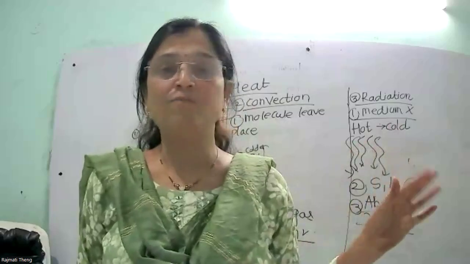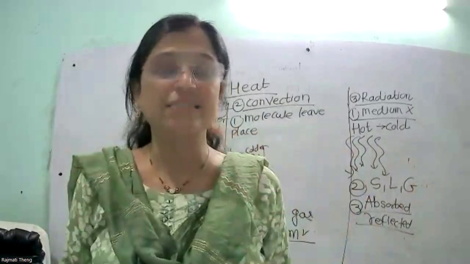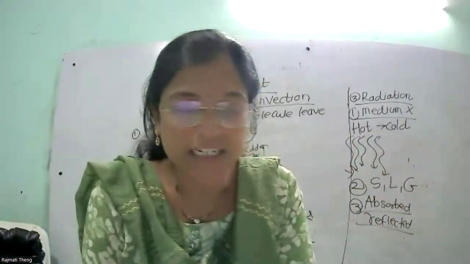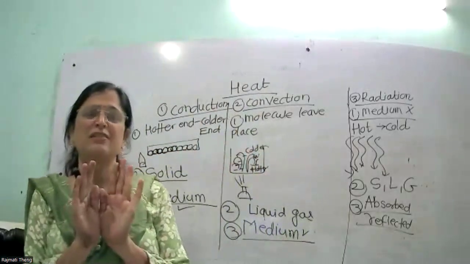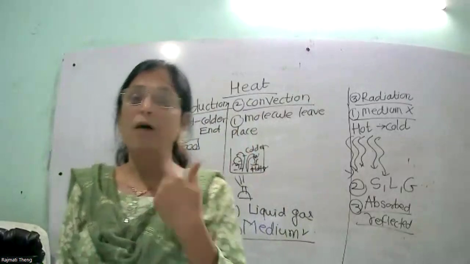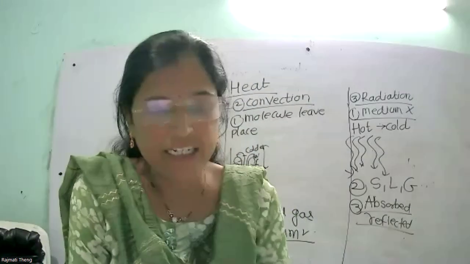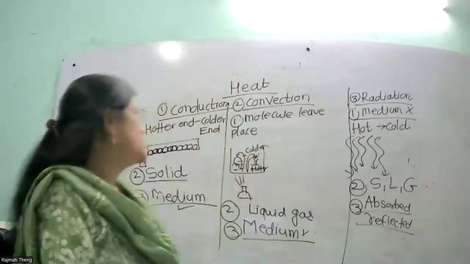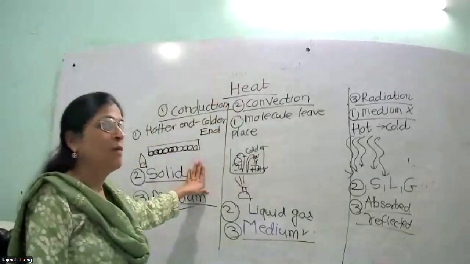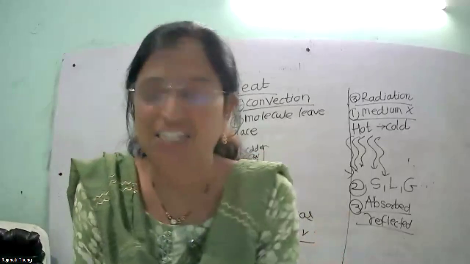Any warm object, when you keep your hand near it, you realize the heat because of radiation. Fire, even from a long distance we realize the heat because of radiation. So heat energy is transferred by conduction, convection, and radiation.